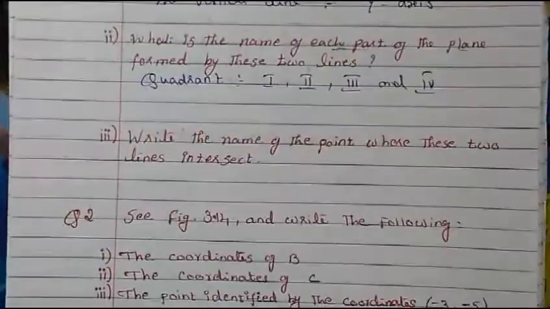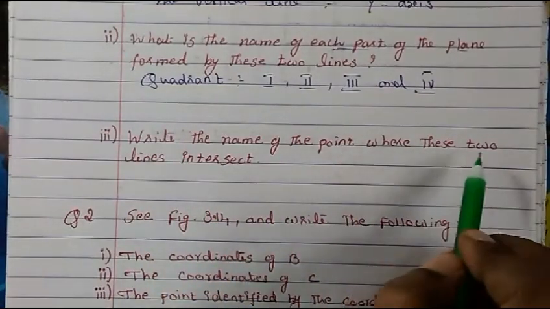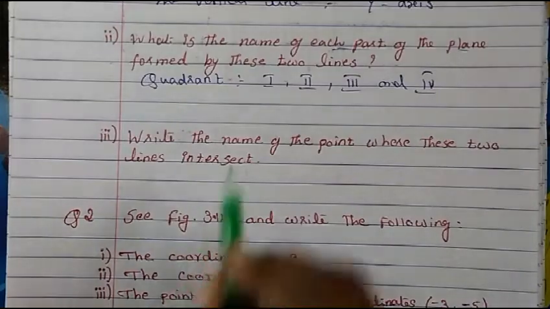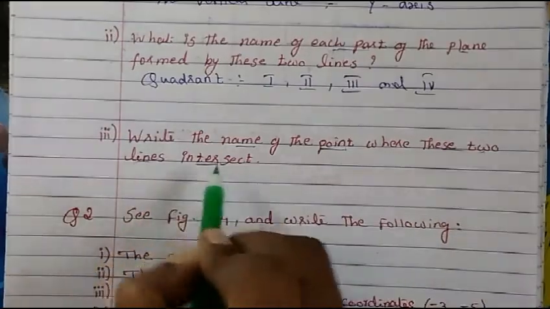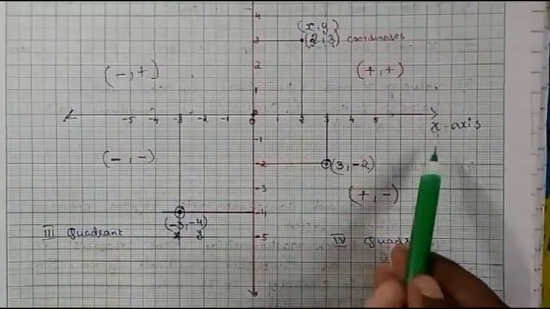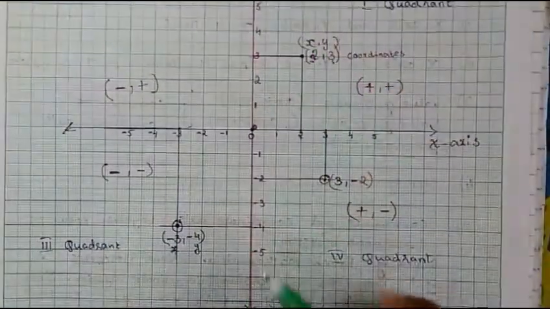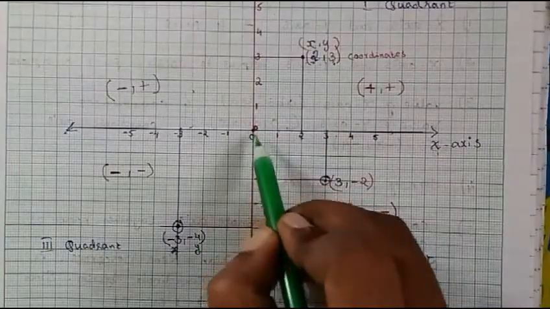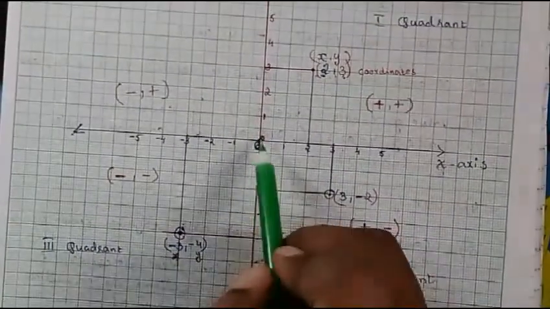Now the third is, write the name of the point where these two lines intersect. If you see this x-axis and this y-axis, both the lines are intersecting at this point, and that point we call the origin. Because it starts from here.